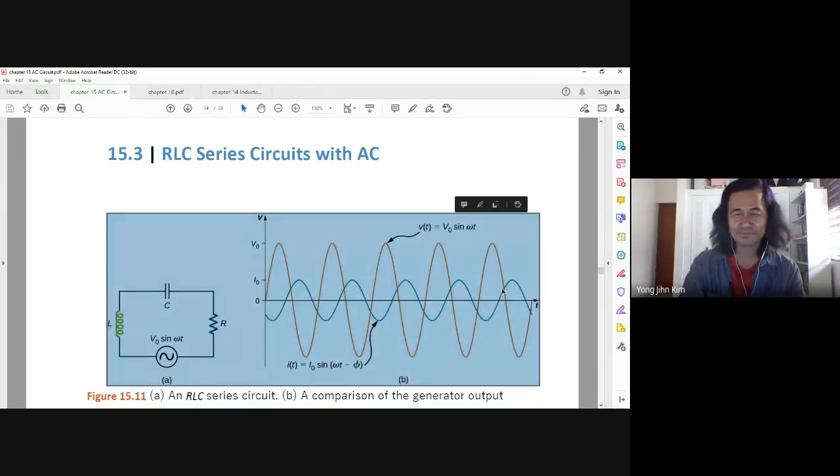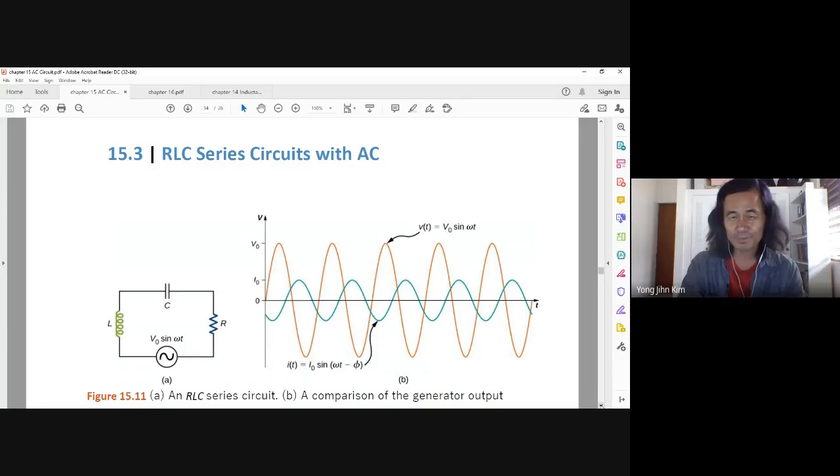The electric current will also oscillate by a sine function, but there can be a phase difference, phi. Then we need to determine the current amplitude.